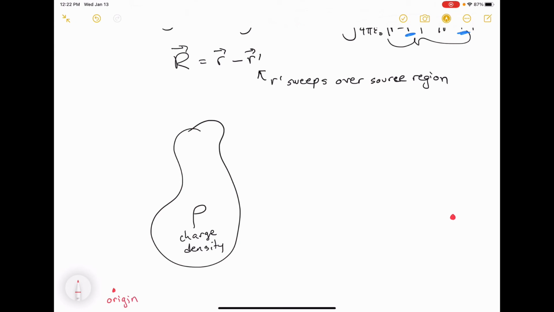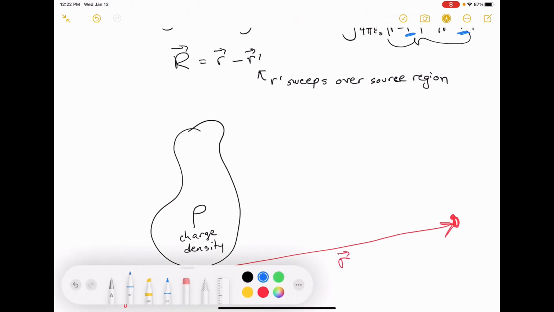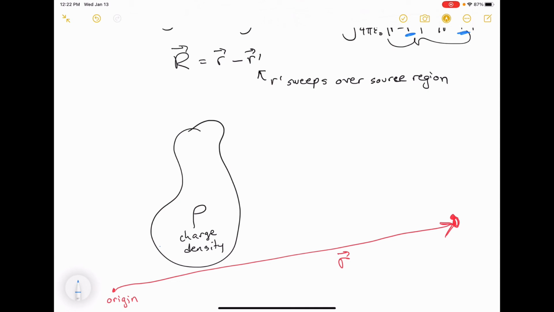So my value of r is this red vector. That's r. The value of r prime has to sweep over the whole source region and select little differential elements out of that source region. And all of those get added together in the integral. So r prime sweeps over the source region.